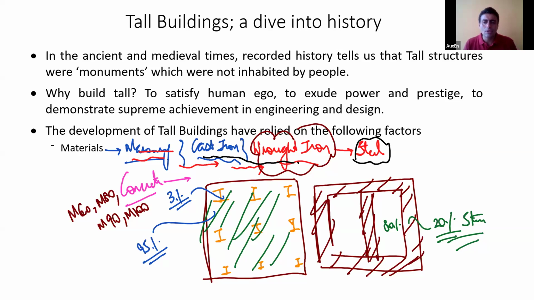But 1980s onwards, you see more and more RCC being used in tall buildings. And over the past 15, 20 years, you now see composites being used also in tall buildings. I'll just show you a figure which is very instructive.